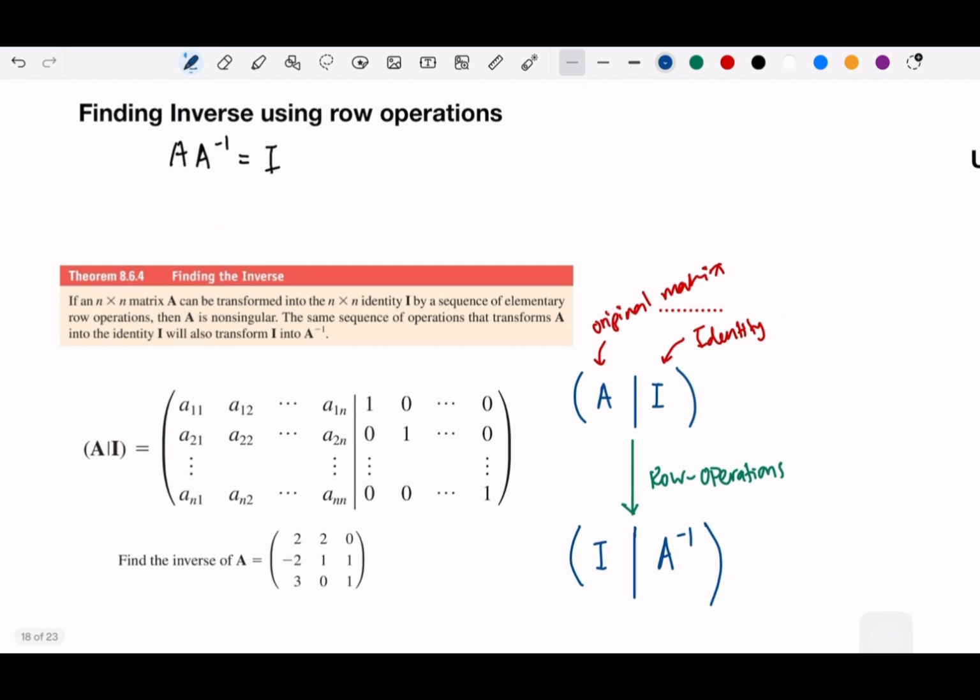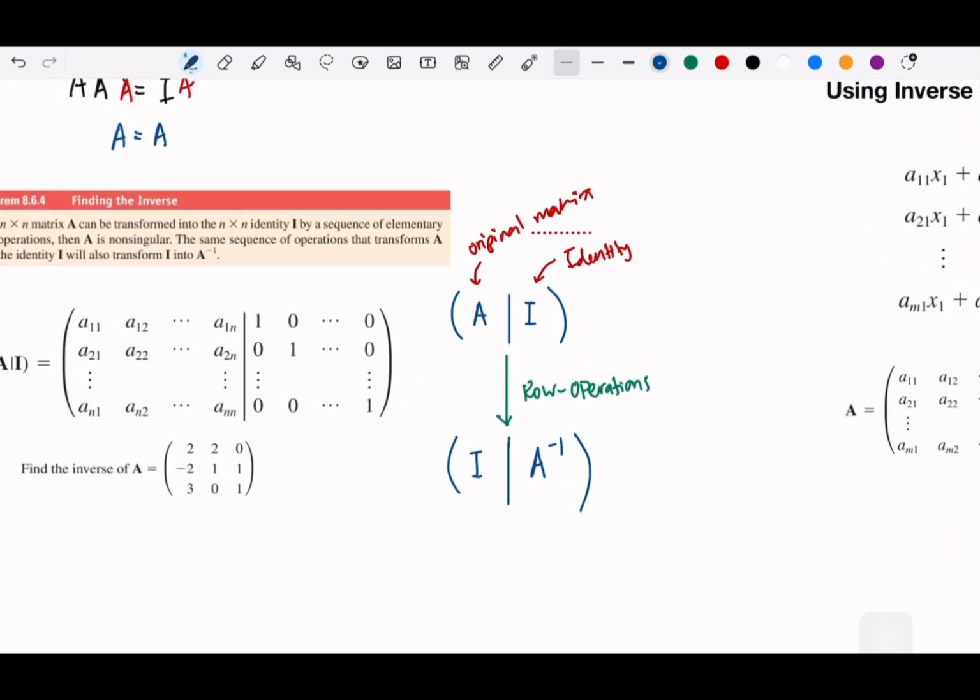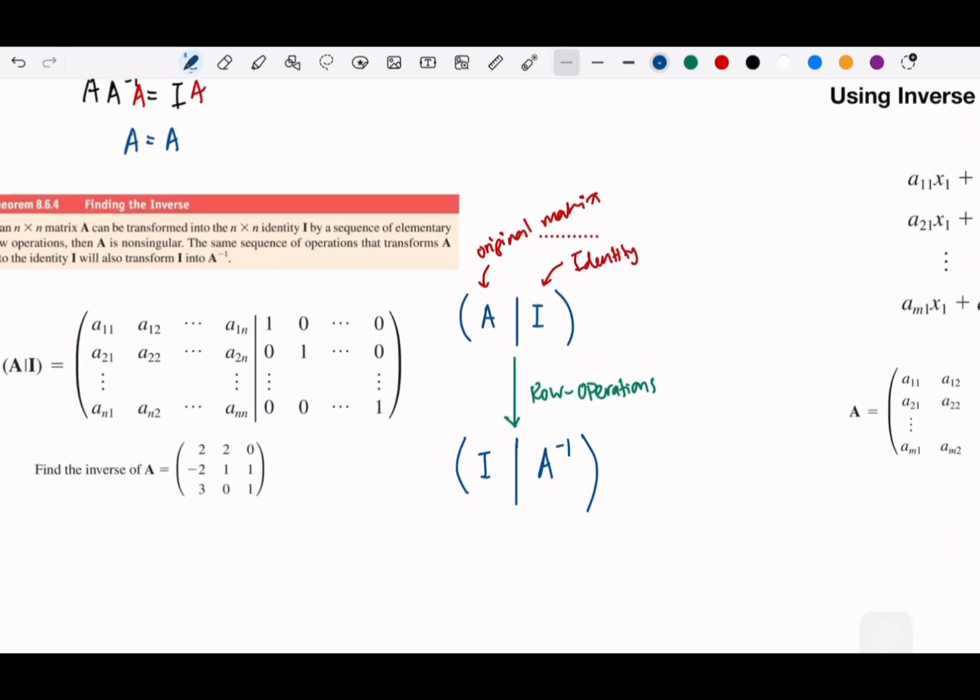Practically, if we see our original equation, we just need to multiply with A inverse, and we get A, sorry, it should be the same A, right? It goes back to the original equations. So that's what we do. We are going to take the row operations and make it into the identity.